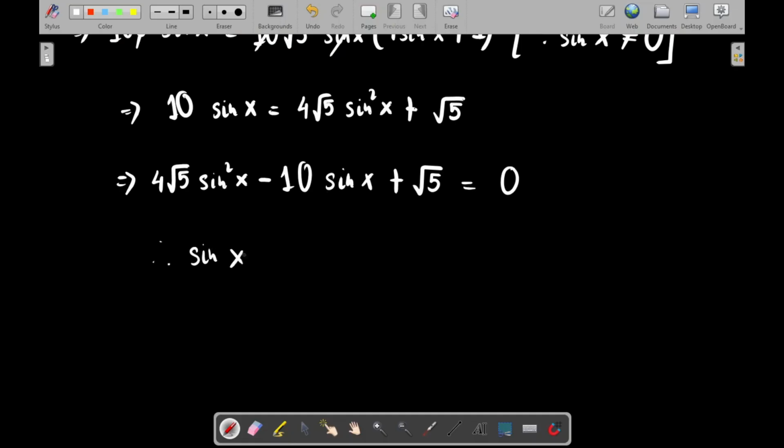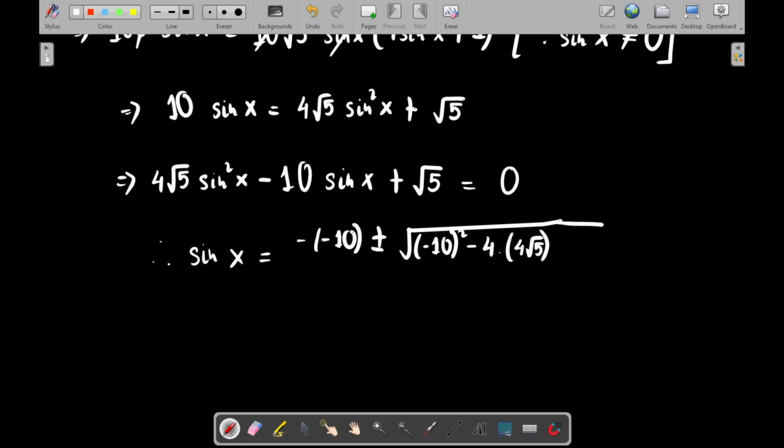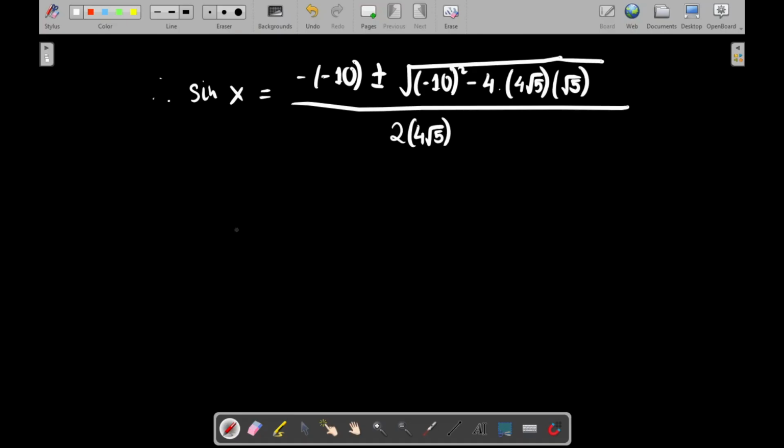So if we use the quadratic formula, this becomes minus of minus 10 plus or minus the square root of b square, that is minus 10 whole square, minus 4 times 4 root 5 times root 5, right? This is 4ac, and this is divided upon 2 times 4 root 5, right? Minus b plus minus root of b square minus 4ac upon 2a.